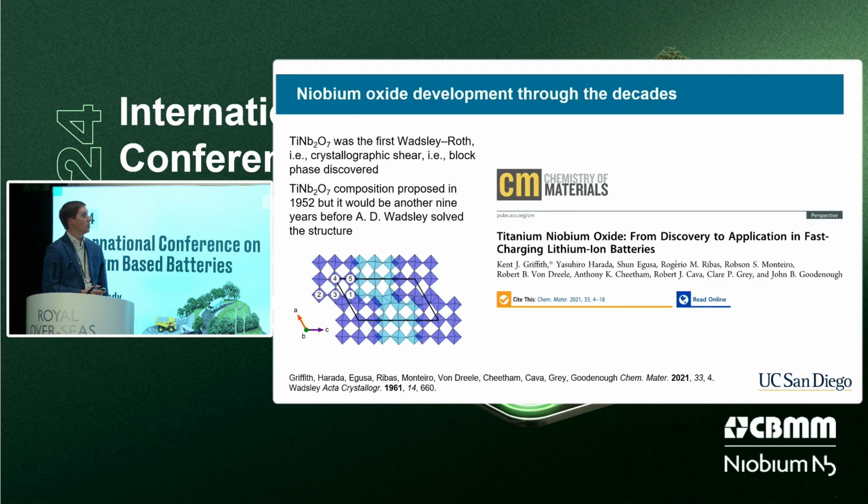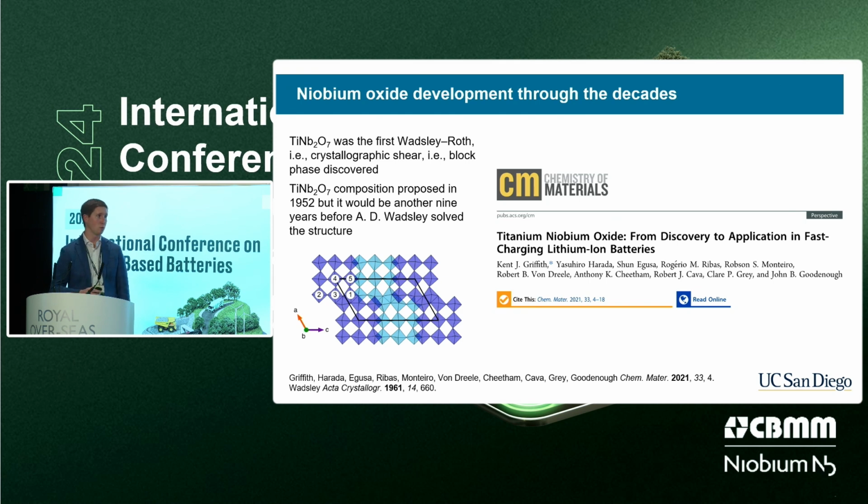So the story of what are now called either crystallographic shear structures, Wadsley-Roth phases, or Bloch phases, which are at least all pseudo-synonyms of one another, really starts something like 70 years ago.